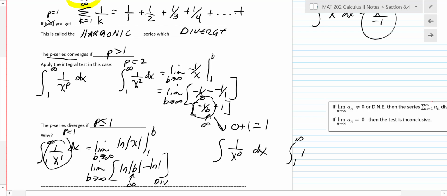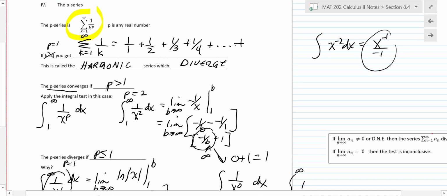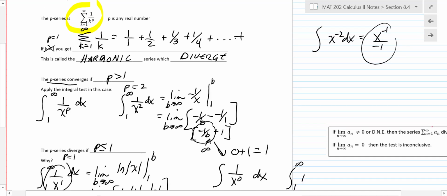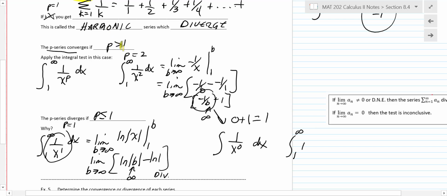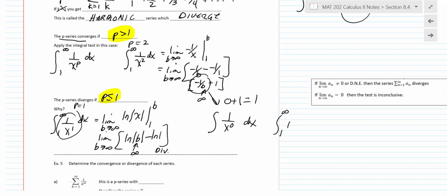So the big thing that you want to get a handle on is the p-series. You want to recognize it when it shows up, but the key thing is you want to know these things. It's going to converge when that happens, otherwise it diverges, okay? Because you're going to use that quite a bit as we further go through our study of series. So that's the p-series. Any question about that?